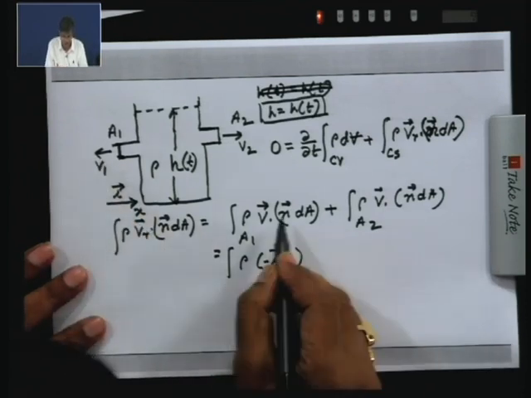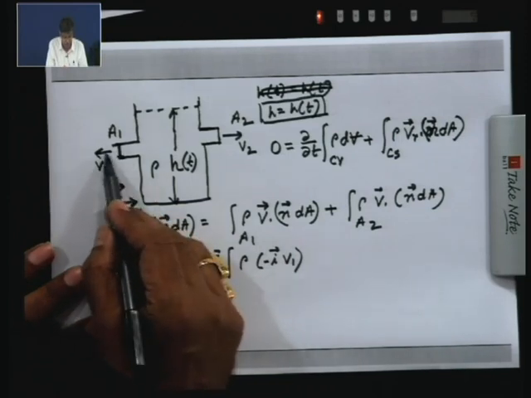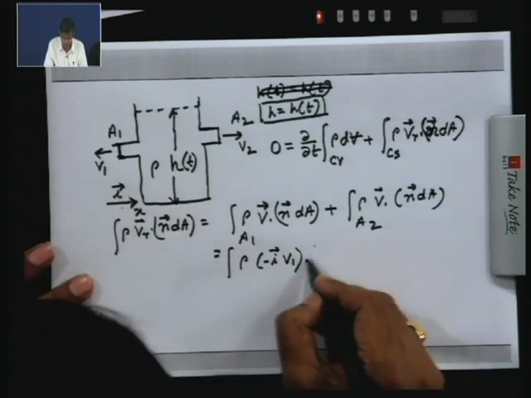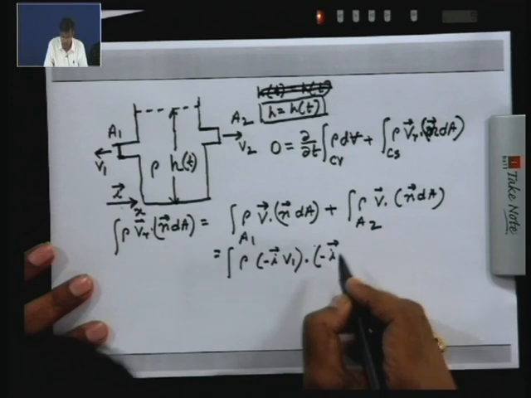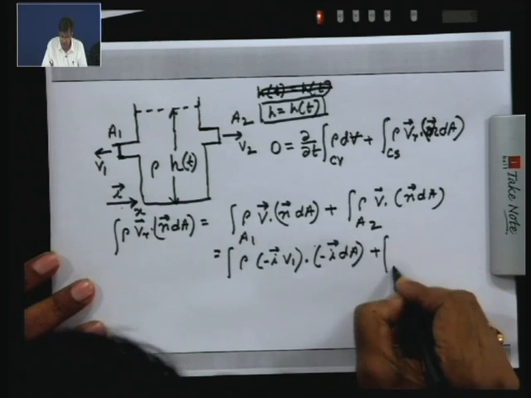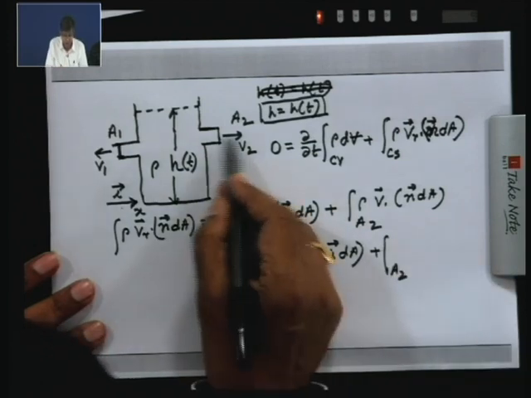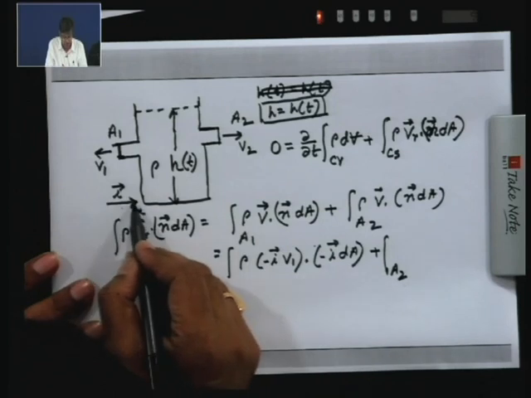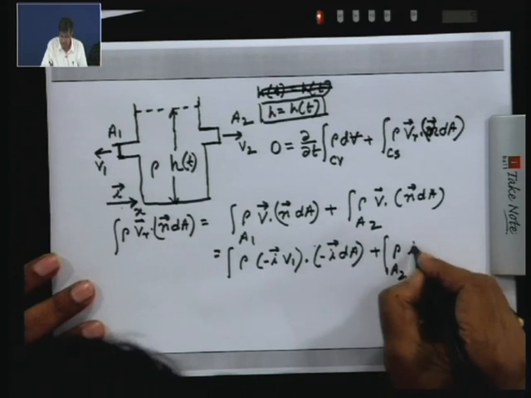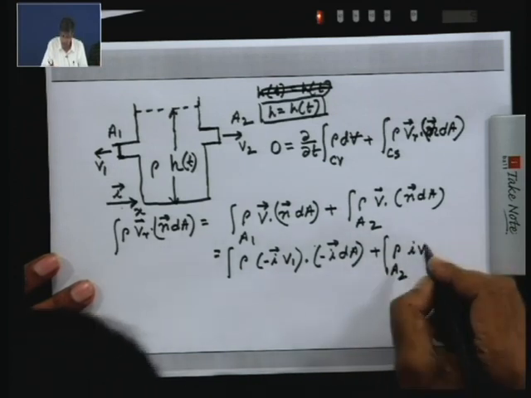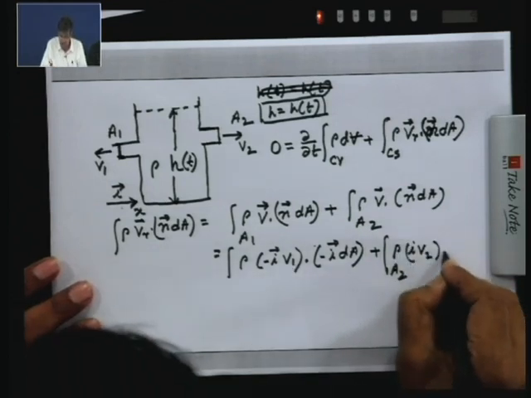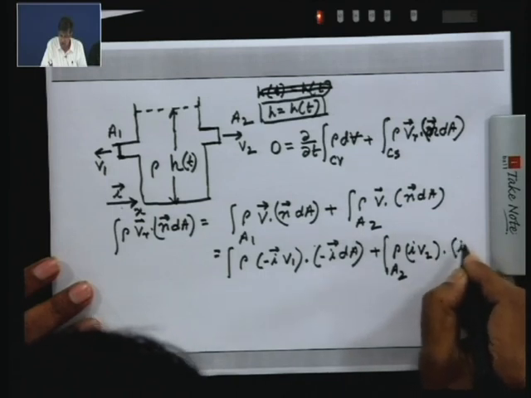Again, the outward normal to this area is also in the opposite direction of I, so we write dot minus I dA. For the other surface, both the velocity and the outward normal are in the positive direction of x, so we write plus I V2 dot I dA.